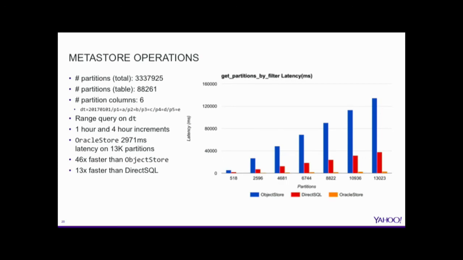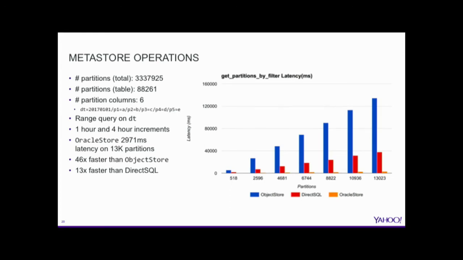In this case, we see that DATANUCLEUS took 134 seconds to generate the result set and return it back to the client. We can see also that the DIRECTSQL implementation is by far much better than the DATANUCLEUS implementation, and it does the same amount of work in just 38 seconds.